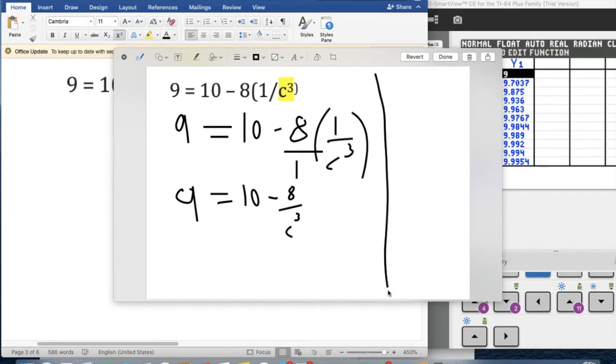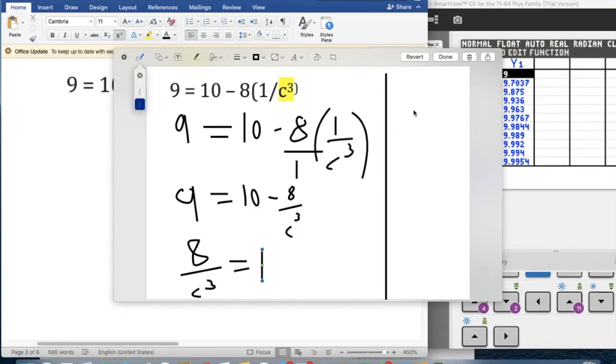We're then going to take the 8 over c cubed onto the other side because we want to make c positive. So it becomes 8 over c cubed equals, and then we're going to take the 9 to the other side, so that becomes 10 minus 9, so that becomes 1. Now we need to rearrange things.